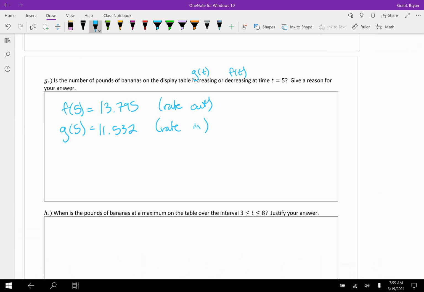More bananas are being removed, which means the number of pounds of bananas on the table are decreasing. So we'd say the number of pounds of bananas are decreasing because f of 5 is greater than g of 5, the end.